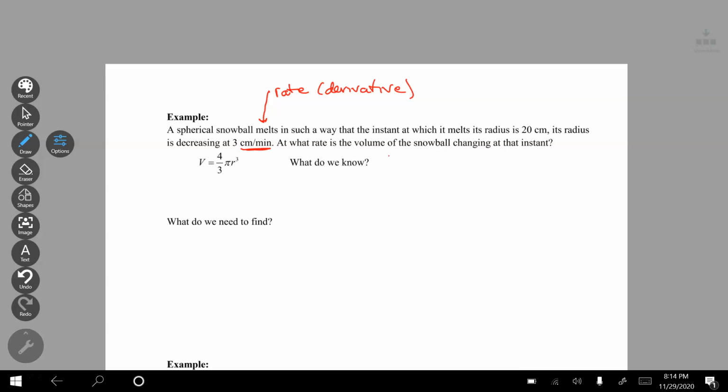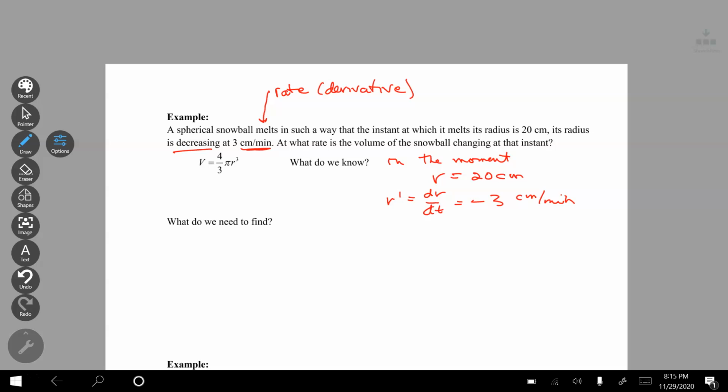So what do I know right now? In the moment, I know my radius is equal to 20 centimeters, and my rate of change, my r prime, or my dr over dt, is equal to negative, because it's decreasing, 3 centimeters per minute. Okay?